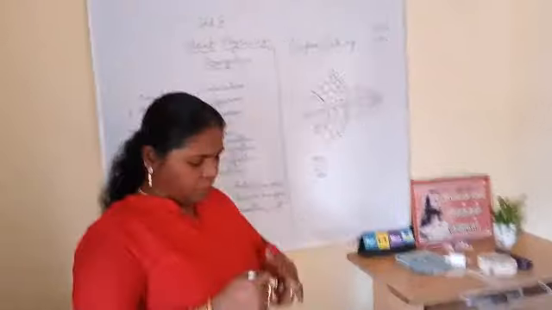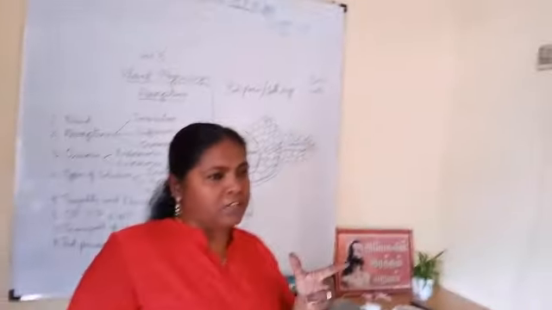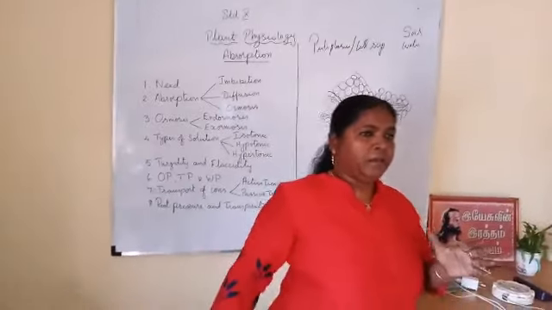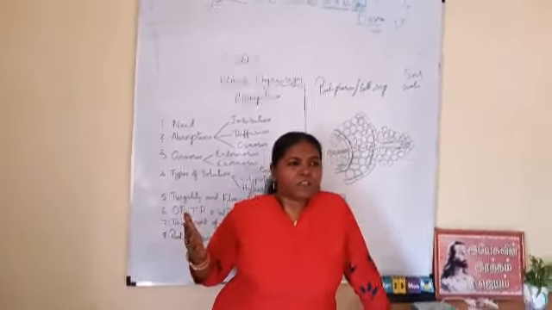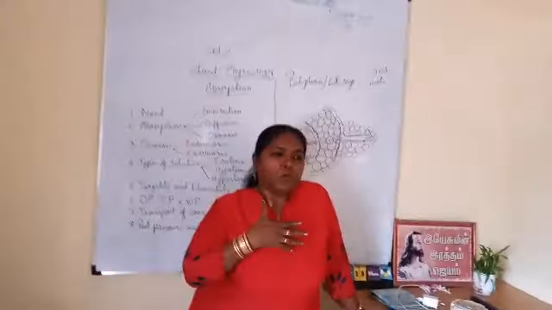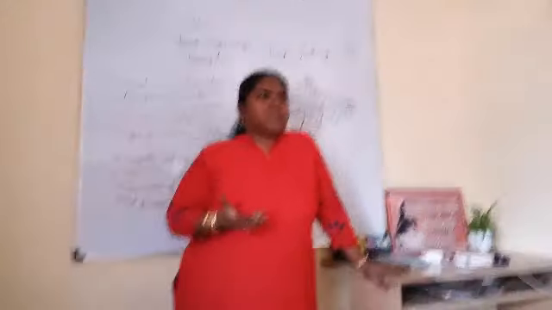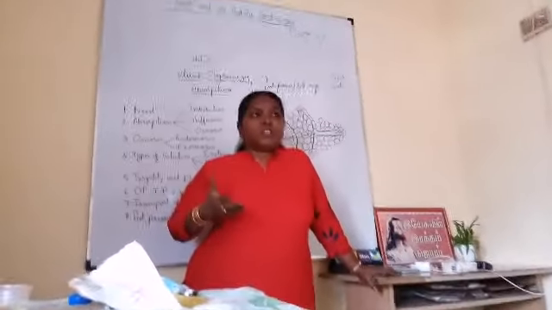So osmosis is a process in which, when two solutions of different concentration are separated by a semi-permeable membrane, the solvent molecules from its higher concentration enter into the lower concentration. And how long does it take place? Till the concentration of both solutions becomes equal. Concentration of what?